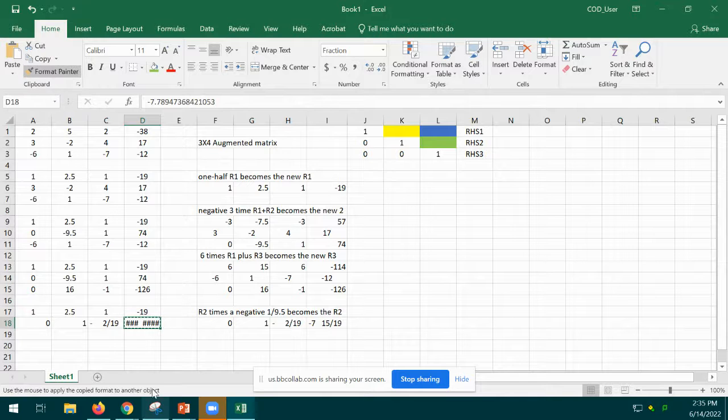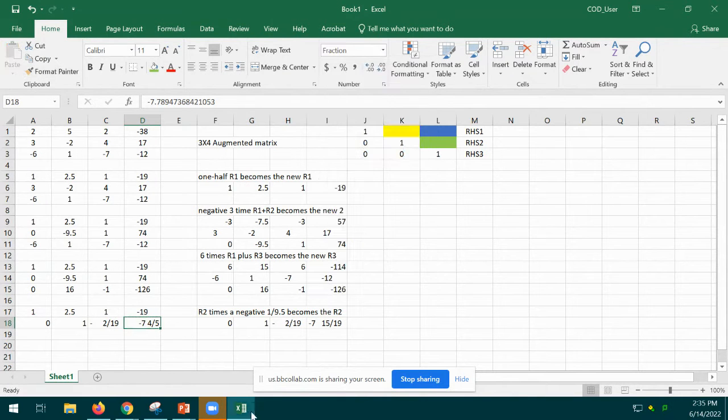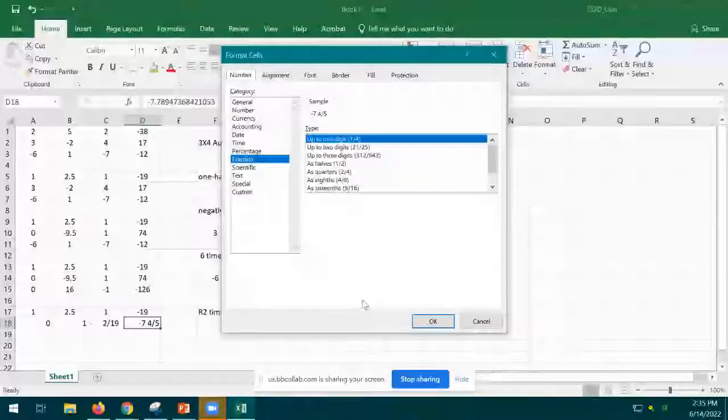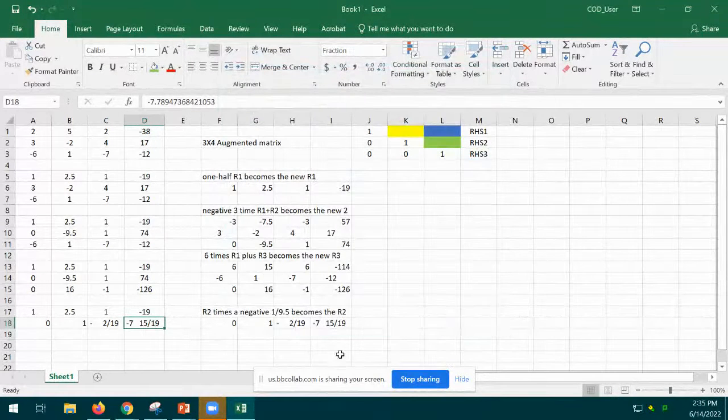That didn't work, apparently. Okay, so I need to go fix this. Hold on. Okay. And why did that say 7 4/5? That rounded it off wrong. Hold on. I may decide that this isn't a good way to do it, but there we go.